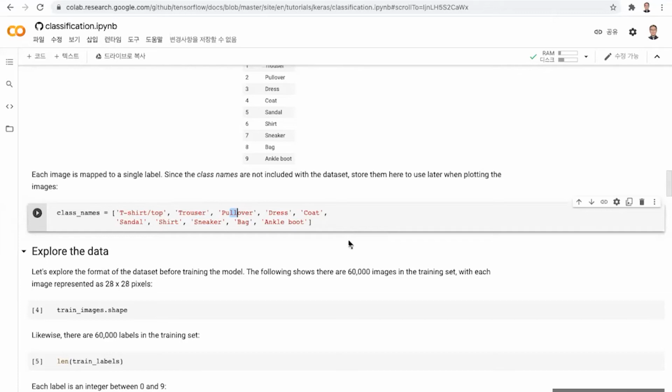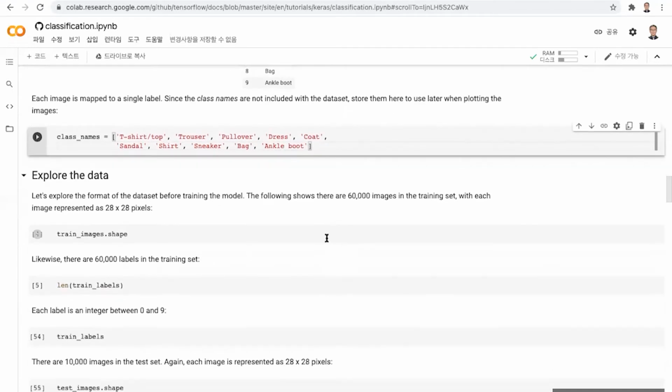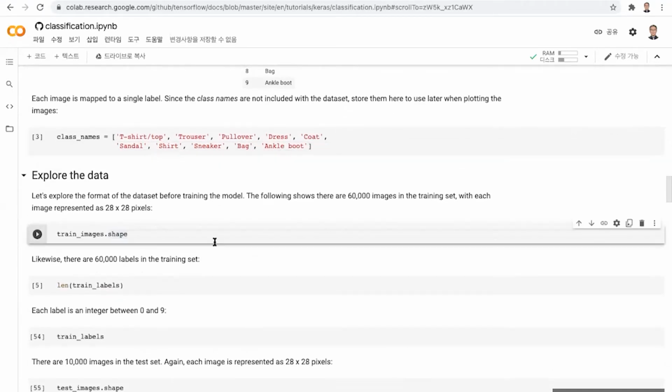But in our problem, there are only two categories, two classes, 0 or 1. So this is somewhat a general case, but once we understand what's going on here, we can reduce it to a two-class problem, even though it classifies the dataset into 10 different classes. So that's the class names.